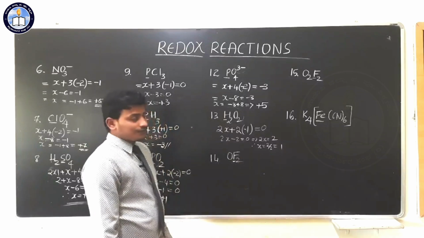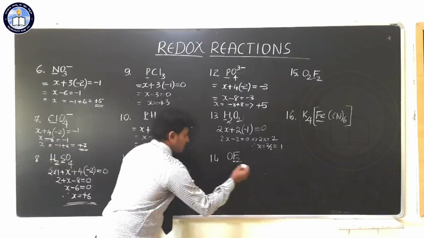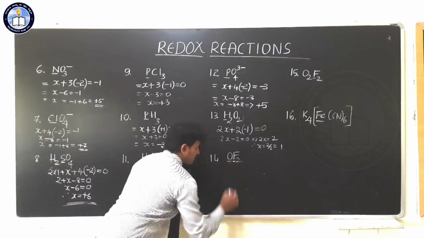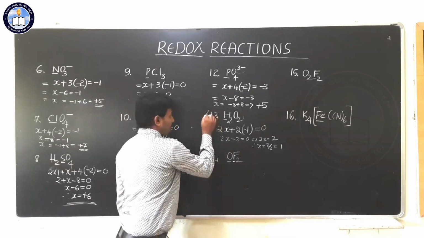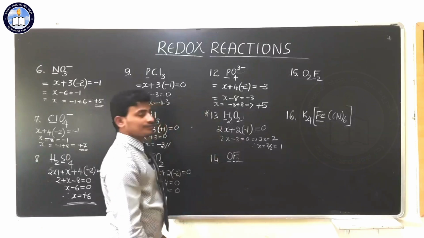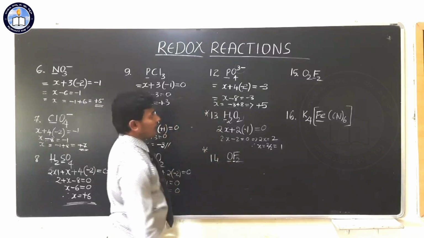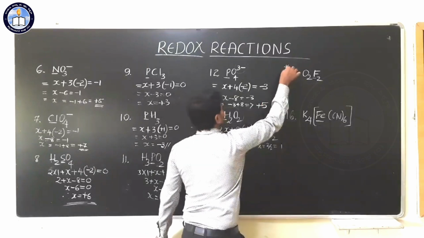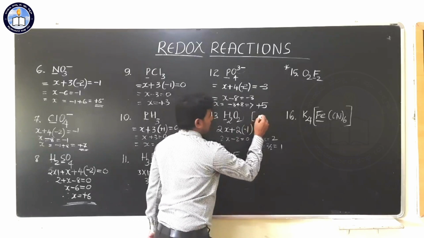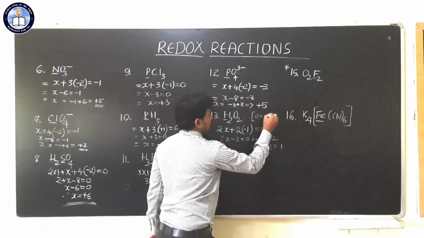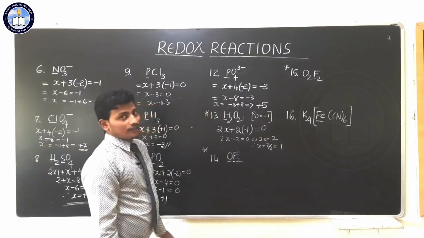What about this one? How to find out? The next one, OF2. For this, what is the value of oxygen here? Remember, put a star mark in your notebook for 13, even 14 and 15. Oxygen equals -1 in case of peroxide.